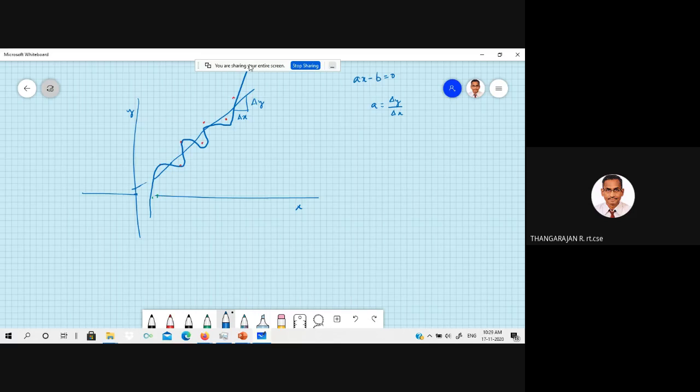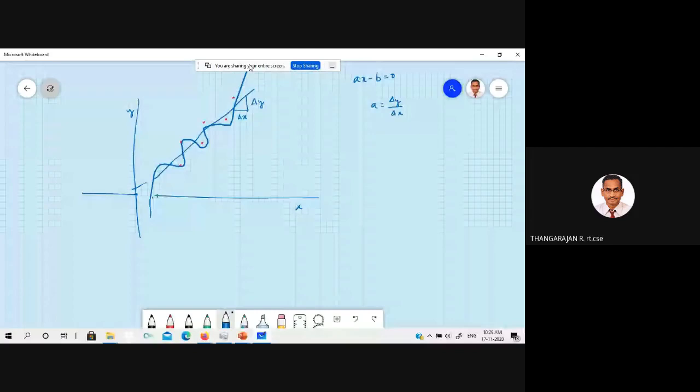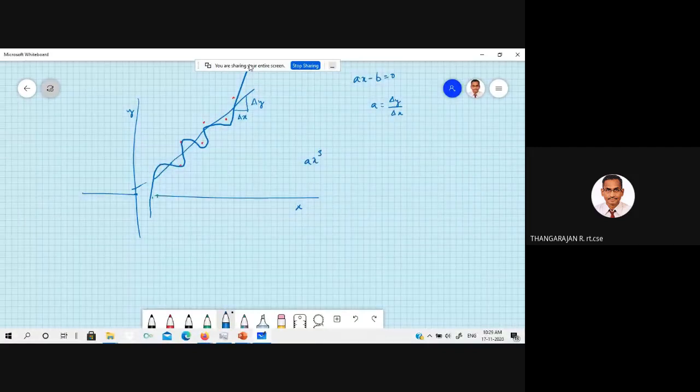So it is a polynomial of degree 3. So it is some ax cube plus bx square plus cx plus d. So this is my function.